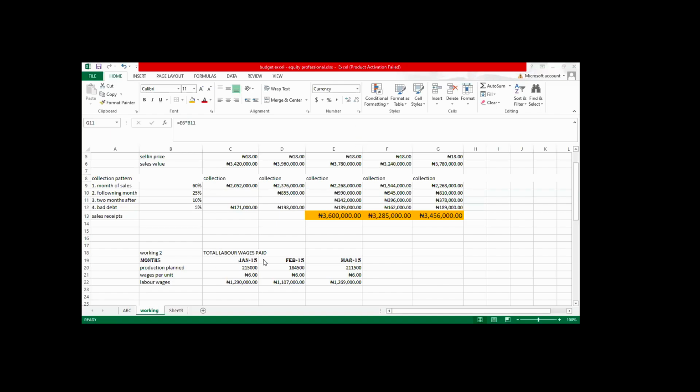Total labor wages paid. 215,000 multiplied by 6 naira, 1,290,000. 184,500 multiplied by 6 naira, 1,107,000. In March, we are going to produce 211,500 multiplied by 6, 1,269,000. Go and check your cash budget.